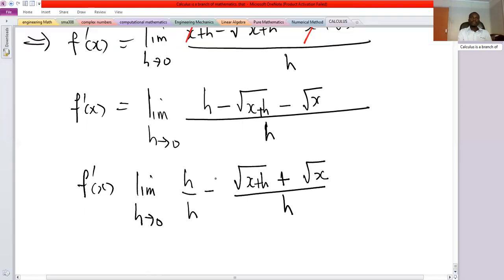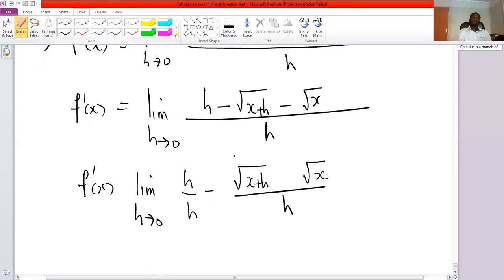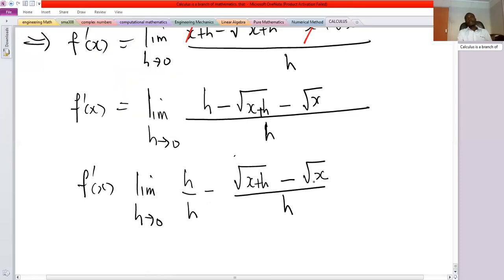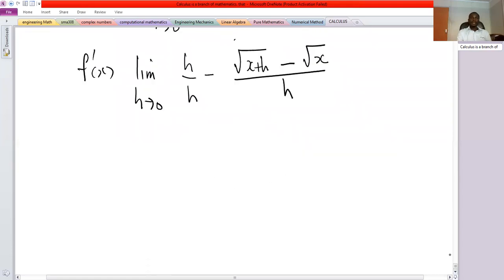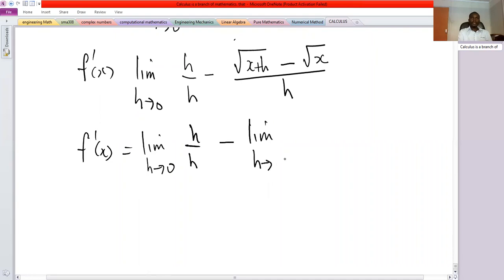So if I put a negative here, this is the same as, by properties of limits, the limit as h approaches 0 of h over h, minus the limit as h approaches 0 of this part now, the square root of x plus h minus the square root of x, and then over h. So this is one.